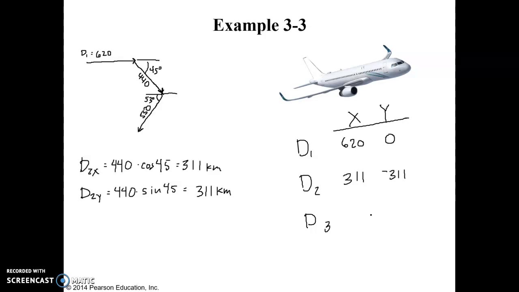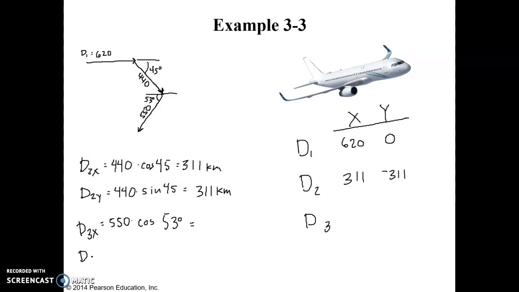The next thing we need to do is take our third vector, d3, and find its x component by taking its magnitude, 550, and multiplying it by cosine of the angle with respect to the x-axis, which is 53 degrees.